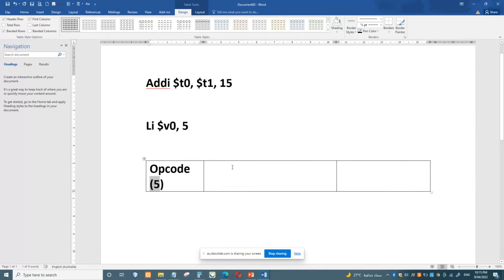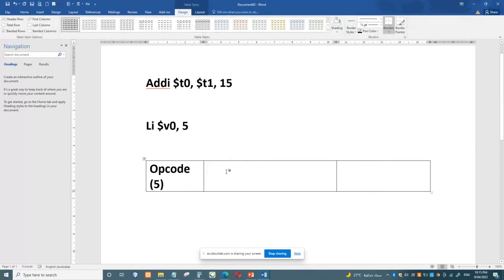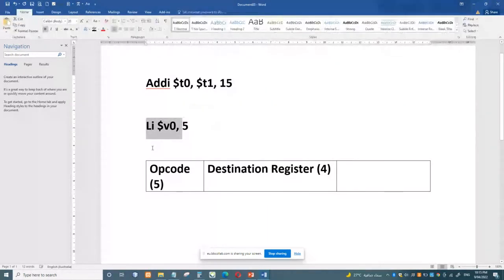Out of these 16 bits, if we use only 5 bits for the opcode, then using 5 bits you can have 2 to the power 5, that is 32 different opcodes. And if we take 4 bits for the destination register, then 4 plus 5 is 9 bits already used for this part.